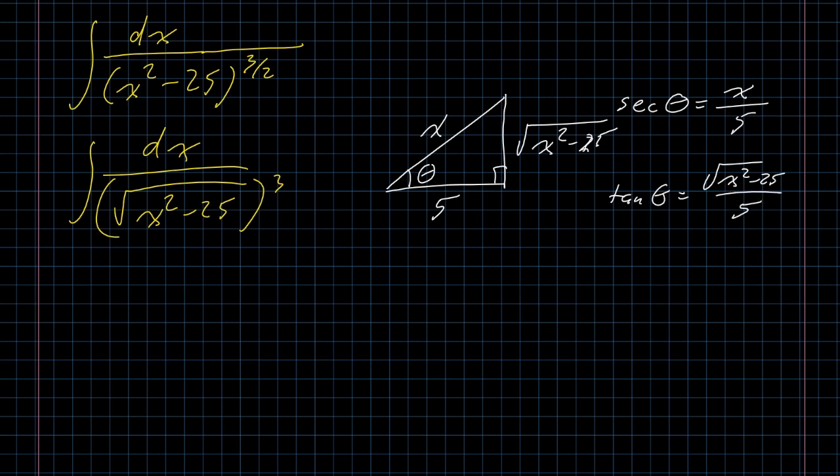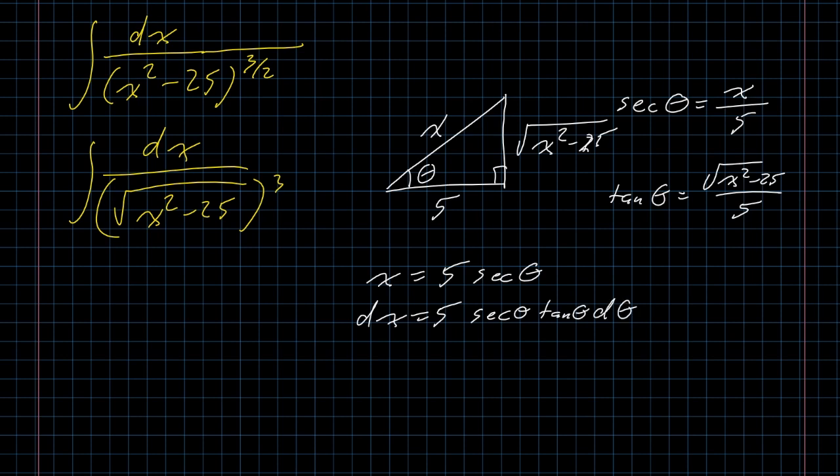All right. Rearranging these formulas a little bit, I get that x is equal to 5 times the secant of theta, which means that dx is equal to 5 times secant theta tangent theta d theta.